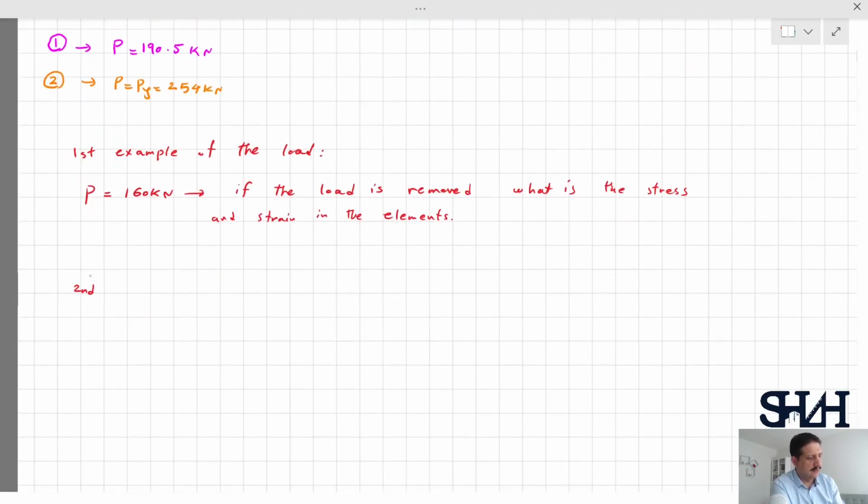So second example of the load: P is 220 kilonewton.